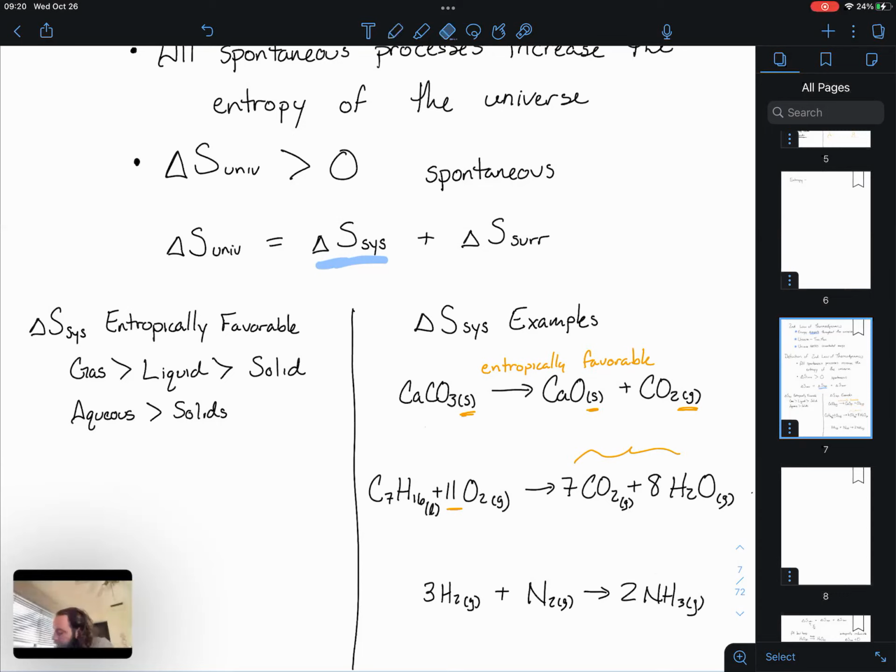So in this case, because you consume gas and create gas, you have to look at exactly how many gas particles are being consumed and produced. And since you have more gas particles on your product side, this is an example of an entropically favorable reaction. So the more particles created, the more entropy.